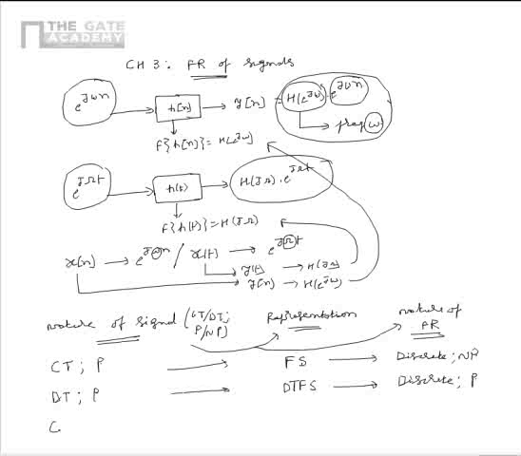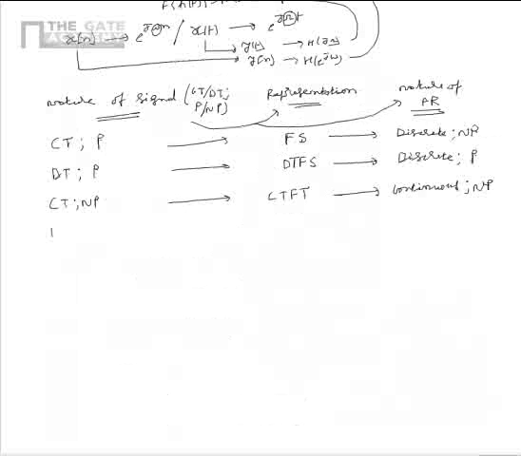Now let us consider a continuous time non-periodic signal. Its frequency domain representation can be given by the continuous time Fourier transform. Also note that the continuous time Fourier transform of a signal by the nature of it is continuous, that is, it is defined for all frequencies and also is non-periodic. Finally, if we consider the case where the signal is discrete time and non-periodic, its frequency domain representation is given by the DTFT, that is the discrete time Fourier transform.